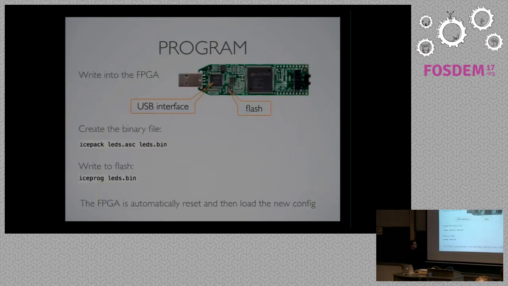So in fact, on this board, you have a USB connector, and the USB connector is connected to a flash. So you write a binary to the flash, and the FPGA, when it is started, will read the binary from the flash and program all the routing network and the logical blocks.